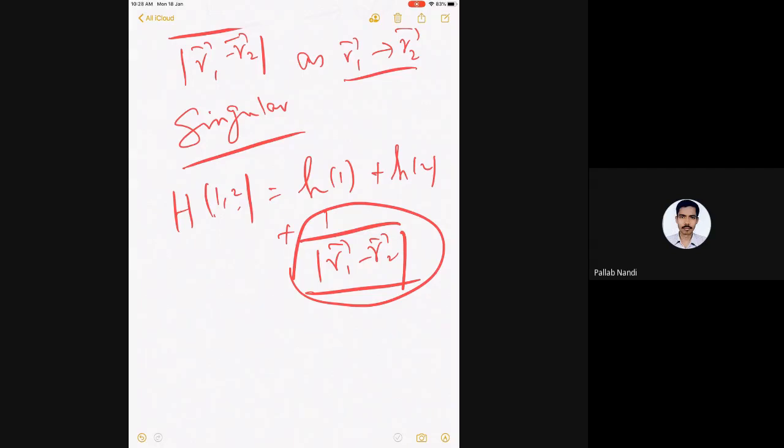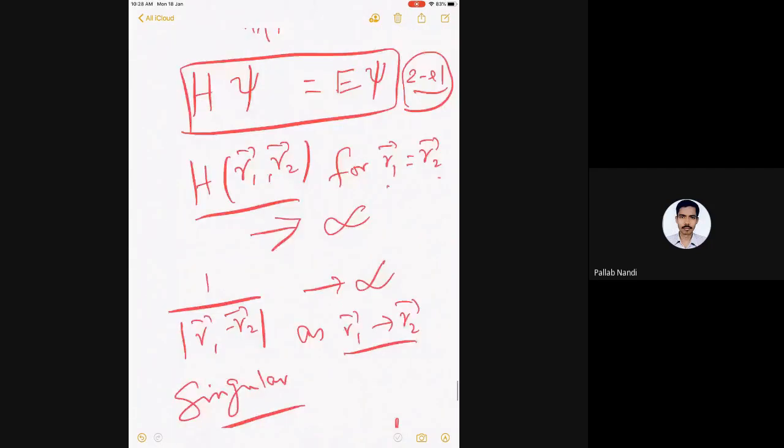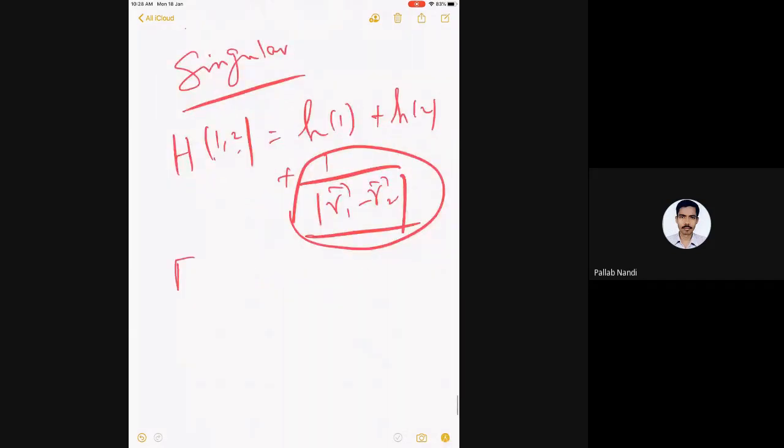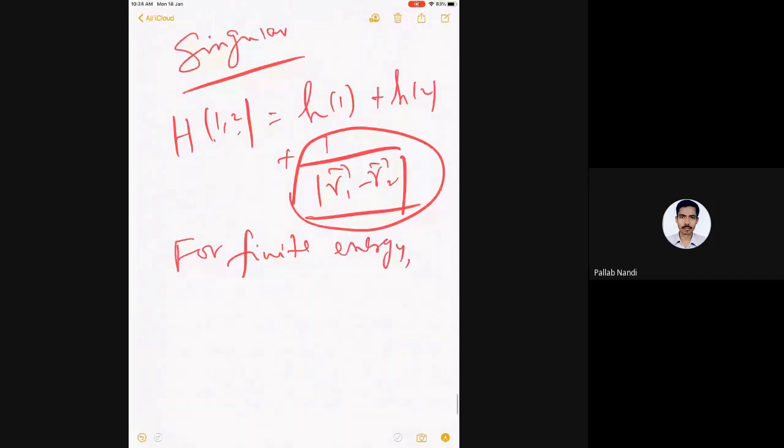So this Hamiltonian becomes singular. And then what is the solution for the psi? Because if the Hamiltonian is singular, any finite psi will make the energy infinity. So for all finite energy, which is what we measure, psi of R1 tends to 0.